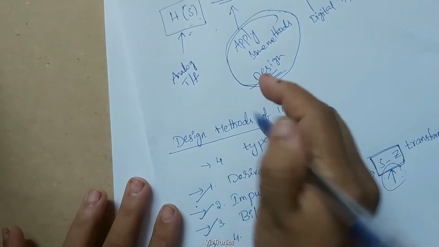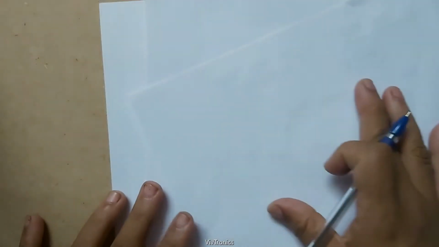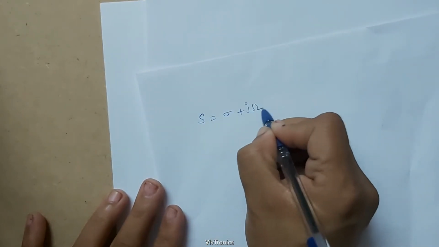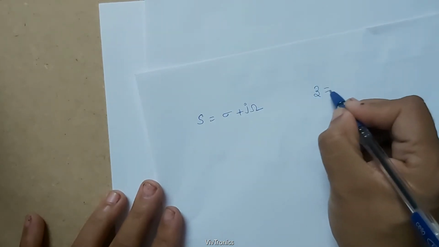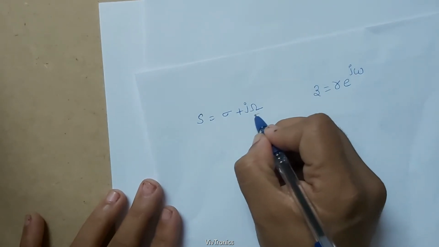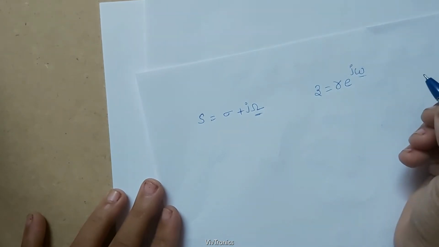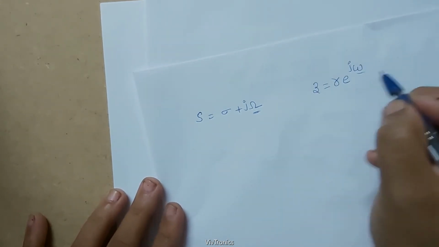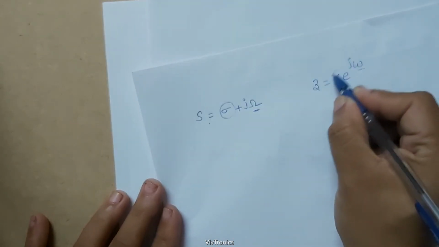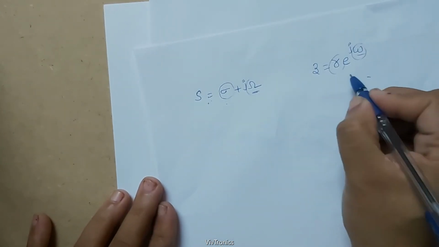This is H of S and this is H of Z. We know that S is equal to sigma plus j omega and Z can be represented as R e power j omega. This omega is the analog omega, whereas this omega is the discrete omega. There should be a relation between the coefficients in S and the coefficients in the Z domain.